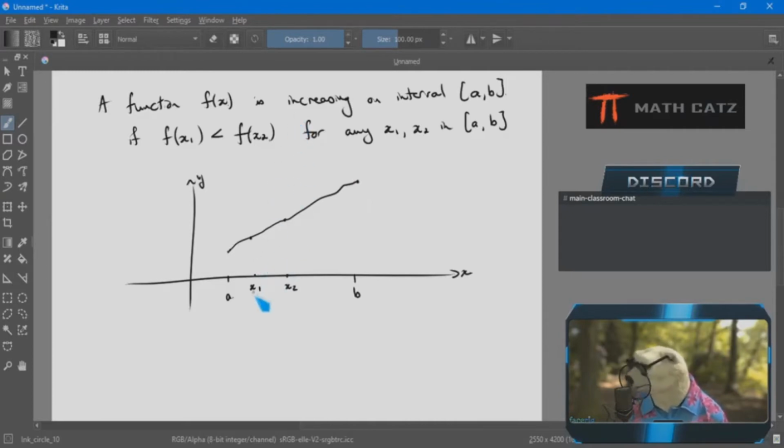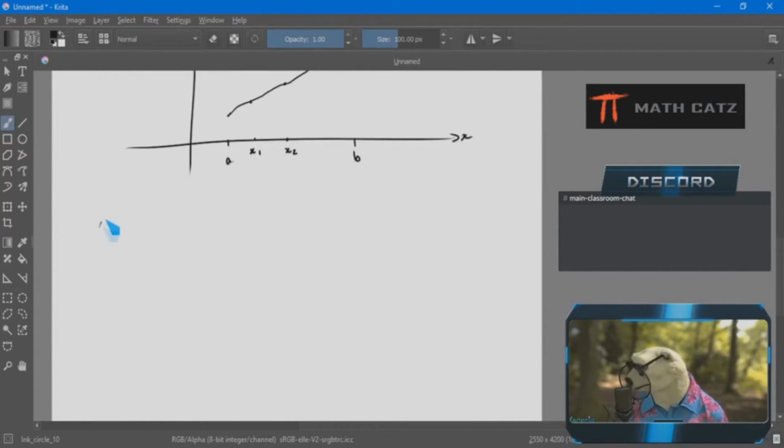And then I can do the same thing for decreasing. Just for the sake of being complete, I write out the definition, but that's never something that I'm going to ask you to state formally. It's good to see how the language looks.